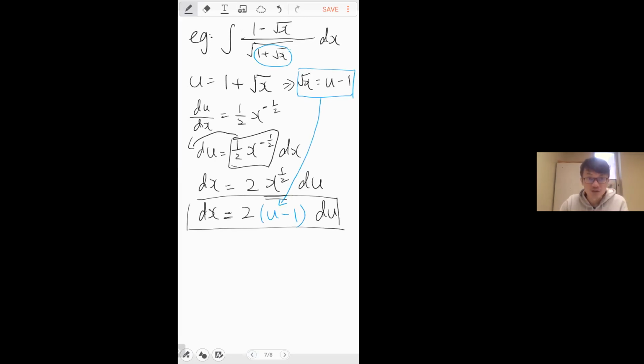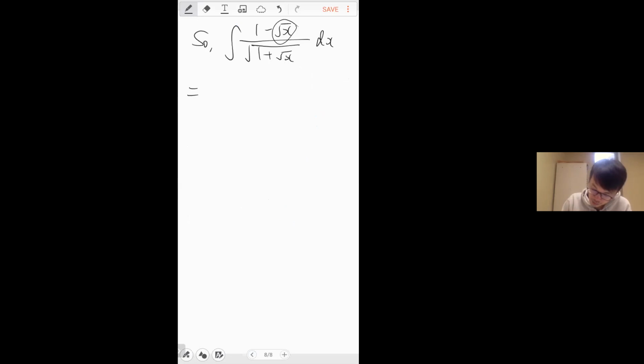And so the original integral turns into the following. For the top, you have 1 minus root x, but I know that root x is u minus 1 here. So change that into u minus 1.